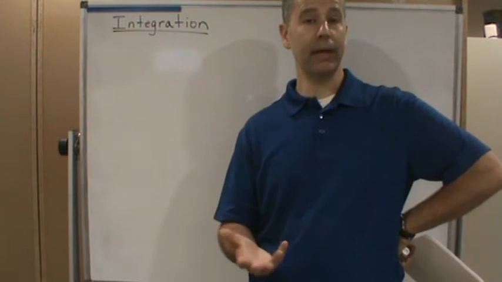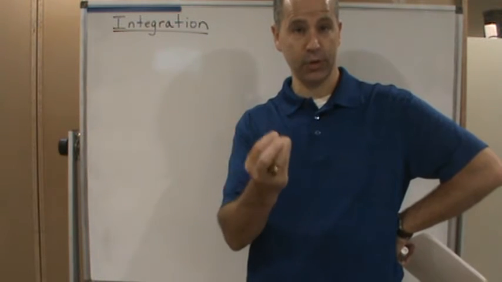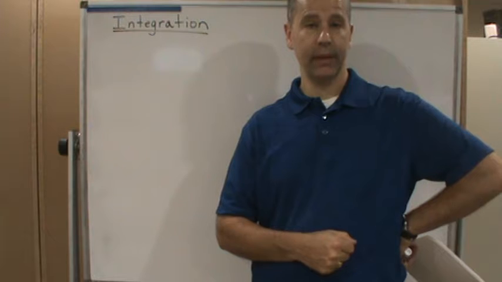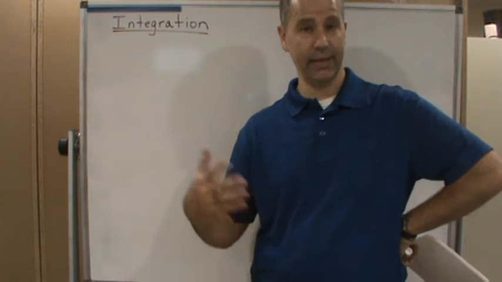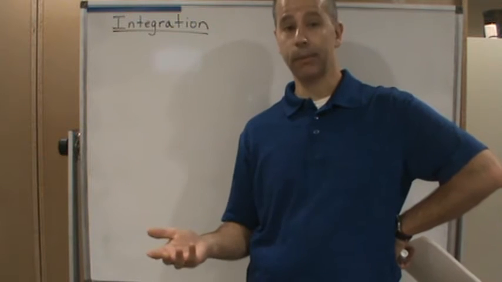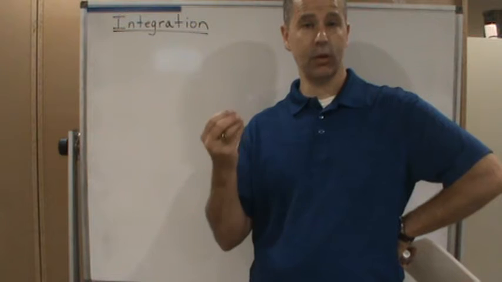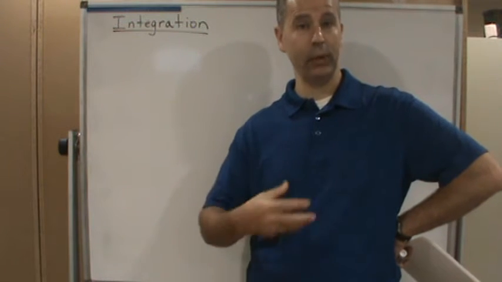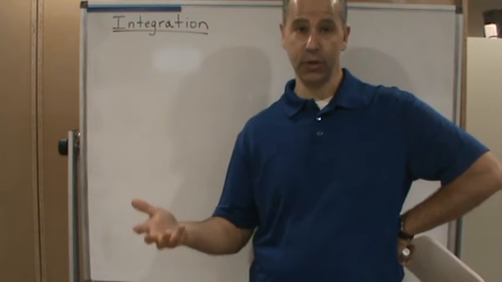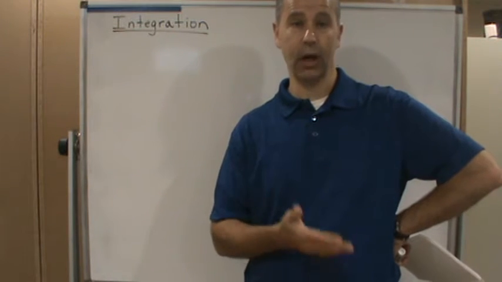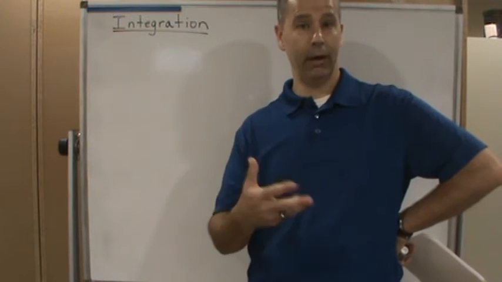This method became known as the method of exhaustion, because he would take smaller and smaller areas of objects that he could easily calculate and then add them all up. We're going to take the same approach when we find the area under a curve. We're going to start with simple geometric shapes that we know the area formula for, add up all the rectangles underneath the curve, and get an approximation of the area under the curve.